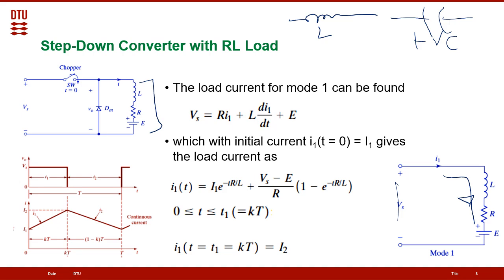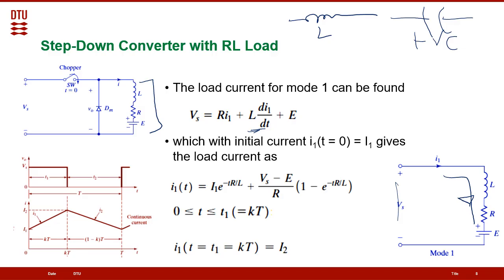So here, we can use KVL to find the relation, because we are interested to find the parameters of this converter. If we just apply KVL here, we can see that Vs will equal R times I1 plus the voltage drop across the inductor plus E. So we have this differential equation.